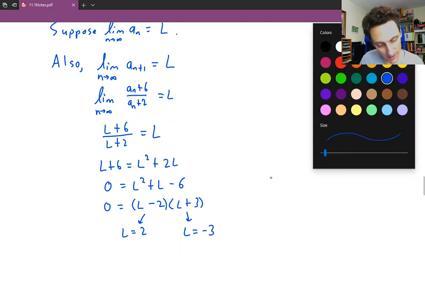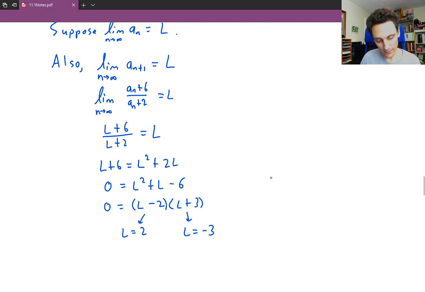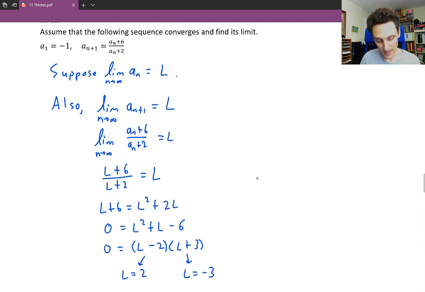And if you look at the sequence, you can quickly figure out which one it can't be. It can't be L equals -3. Even though the first term, a sub 1, starts off as negative, if you look at the very next term, if you plug in -1 into here, you'll get -1 plus 6, all over -1 plus 2. The top will be +5, the bottom will be +1, so you'll get a positive number for the second term.